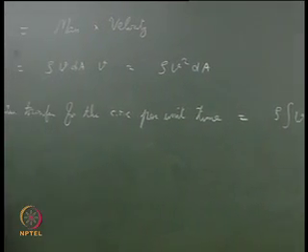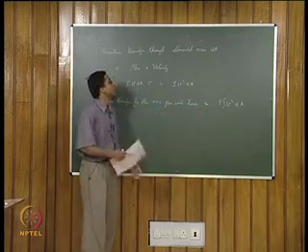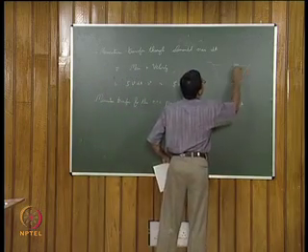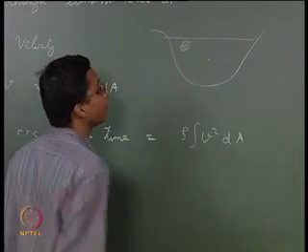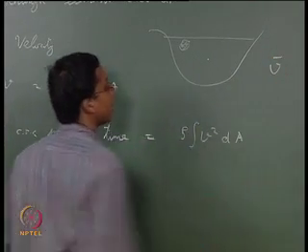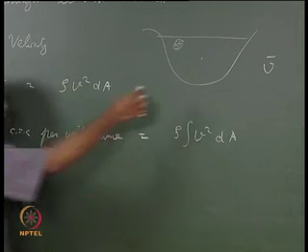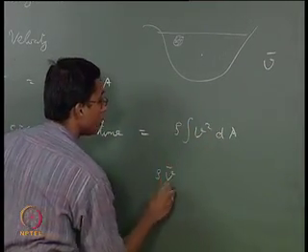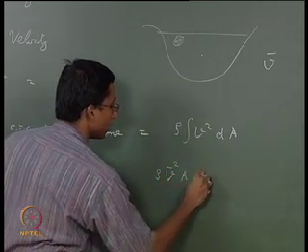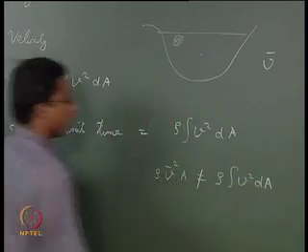Now, if you try to compute the momentum transfer using the average velocity, instead of analyzing velocity at each point, taking only the average velocity v bar for the entire cross section, and computing it in this form, rho v bar squared into A, this will not be equal to rho into integral v square dA.